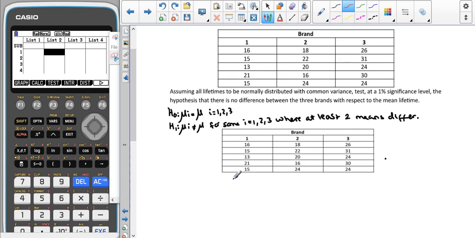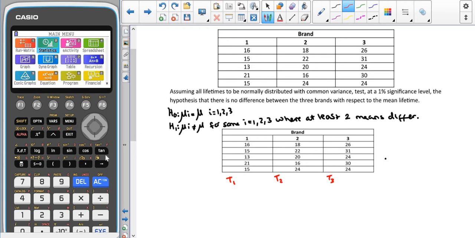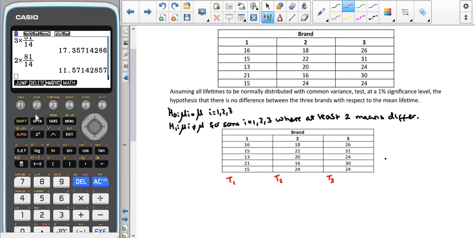So I'm going to have T1, T2, T3. In my graphical calculator, just in the normal calculator bit, I'm going to have 16 plus 15 plus 13 plus 21 plus 15, and that gives me 80.